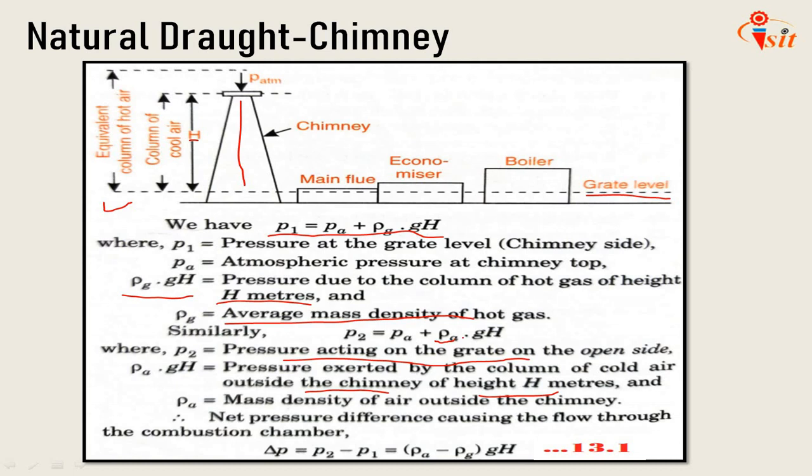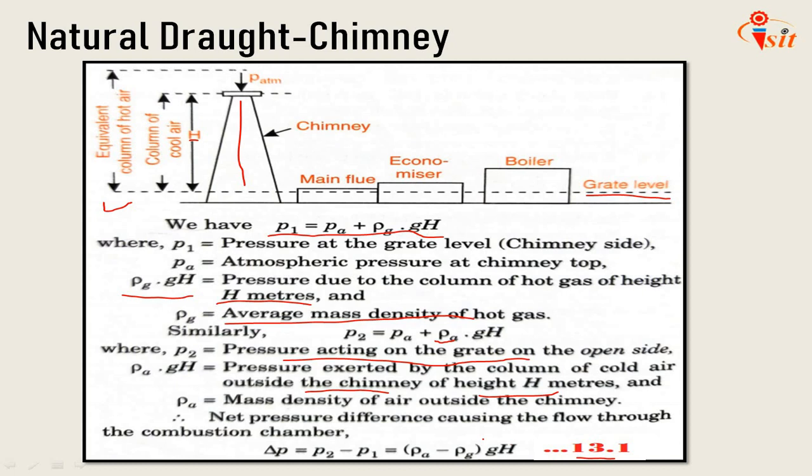So what will be the net pressure difference that will be causing the flow through the combustion chamber? The flue gases will flow from the combustion chamber to the chimney. So that is ΔP, the pressure difference, equal to P2 minus P1, equal to (ρa − ρg)·g·h. That is equation 1. We are considering this equation because we need to further calculate chimney height and diameter.